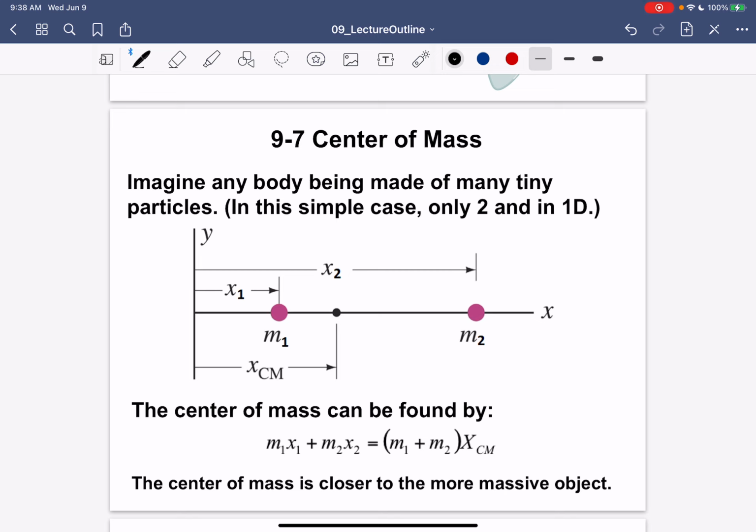We can rearrange this as x center of mass equals m1 x1 plus m2 x2 plus m3 x3 if I have three, but I have only two in this example, divided by the total mass. As easy as this.